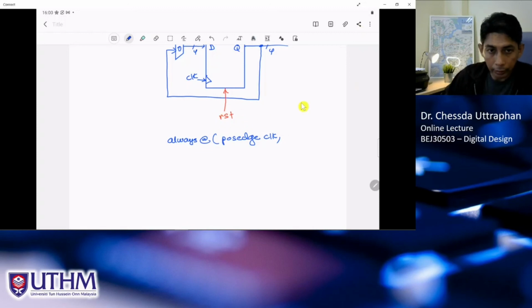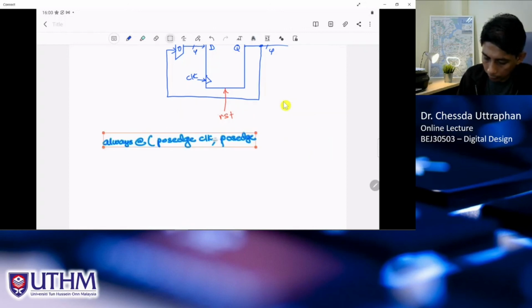And if our reset is positive or active high in this case, we need to have posedge reset.